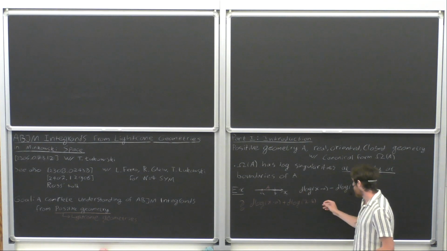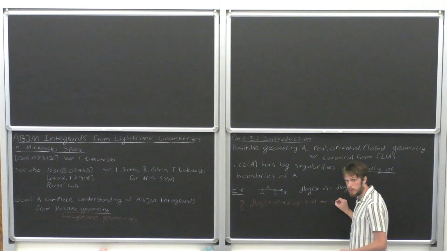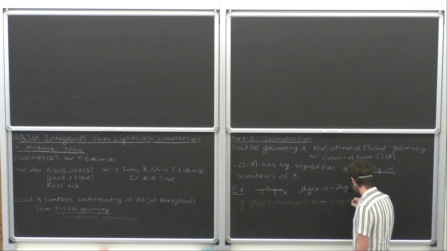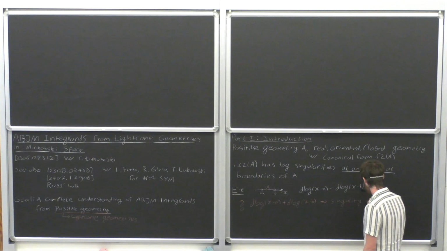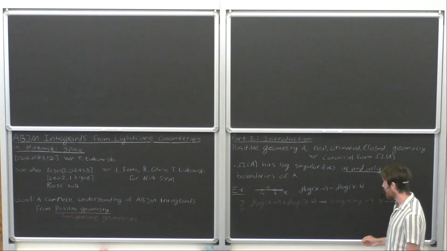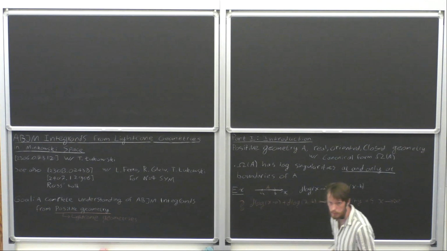But this cannot be the correct canonical form because this one also has a singularity as x goes to infinity. And our geometry does not have a boundary at infinity, so we can't have a singularity there.